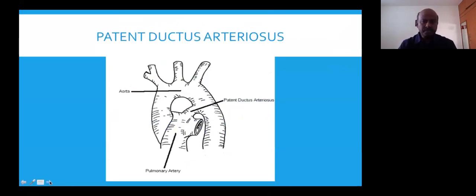So this is a cartoon of a patent ductus arteriosus. As you can see, it is a vascular tubular communication between the aorta and the pulmonary artery confluence.